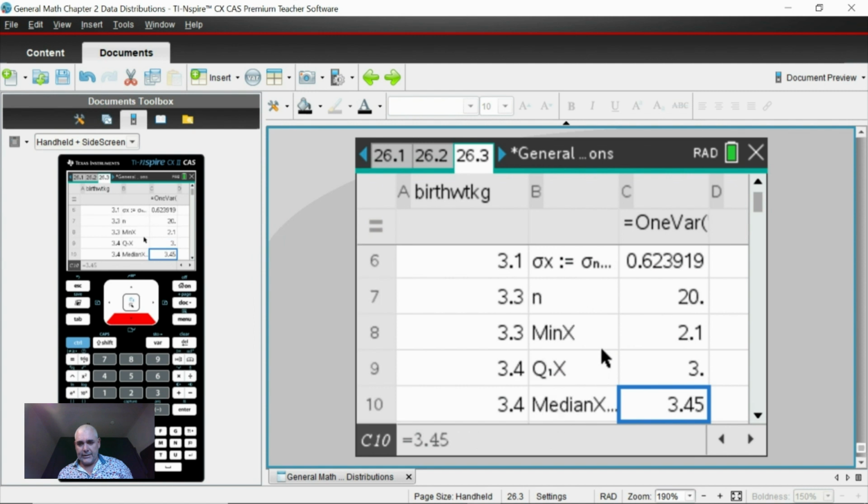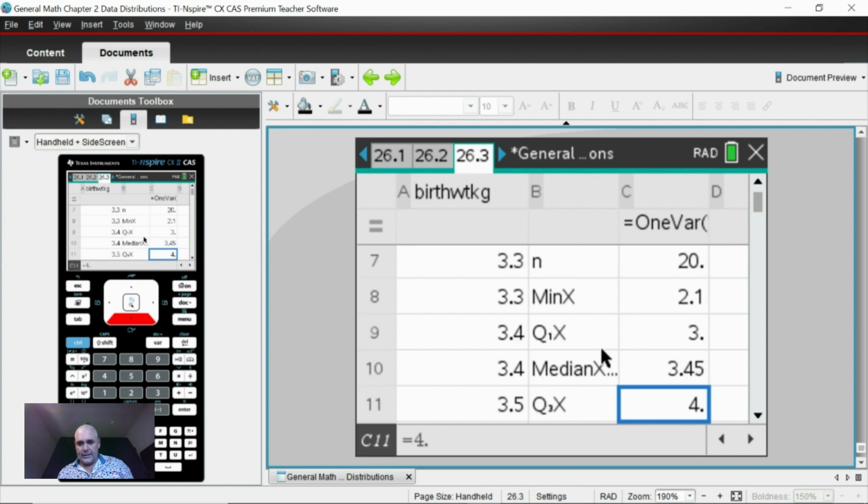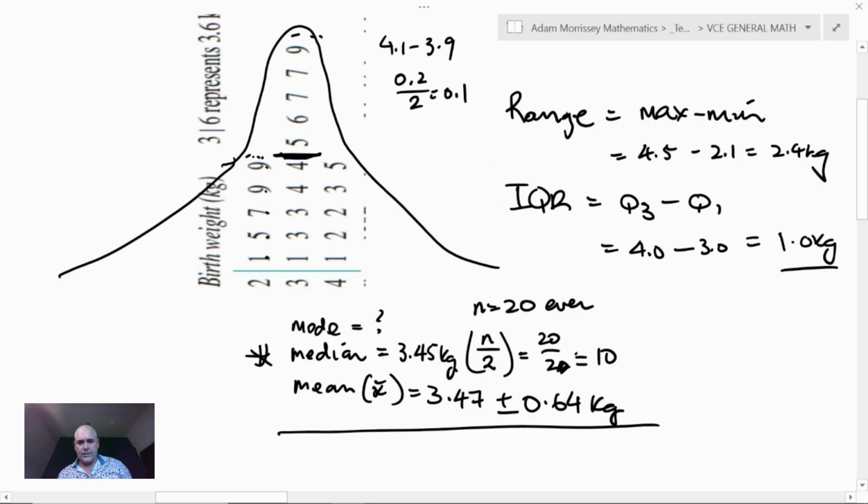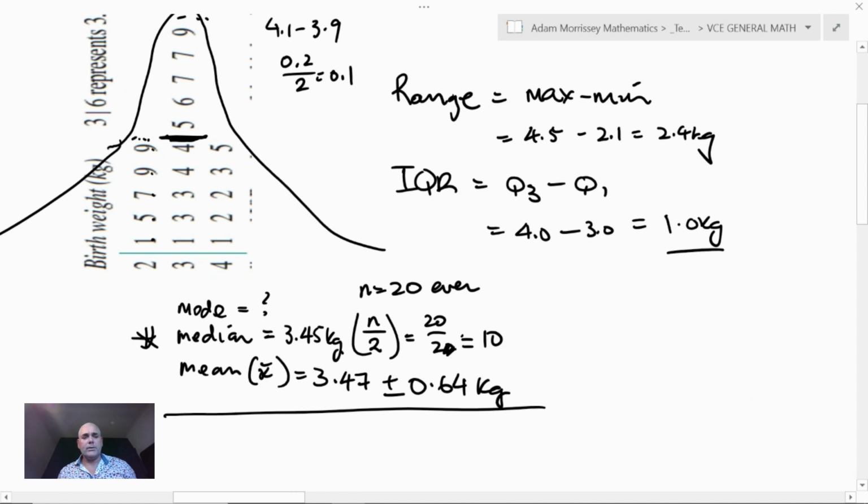And now I've done that by hand, so it might be worth just checking if I got it right. And here's the other reason why it's worth printing this off, because even if you're doing these calculations by hand and thinking through them rather than just pressing buttons, you can double check and make sure that you got everything right. So to answer this question now, we've done all the jobs.